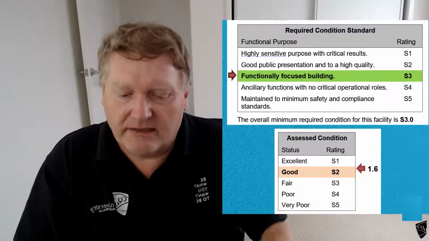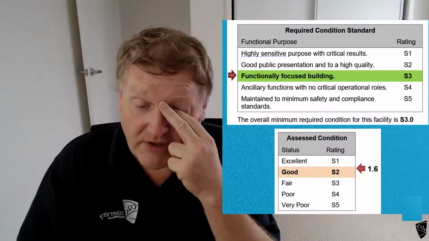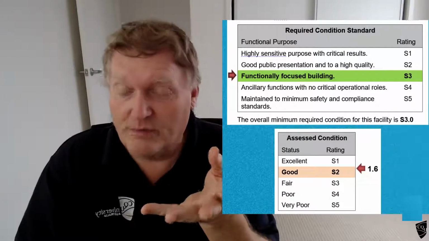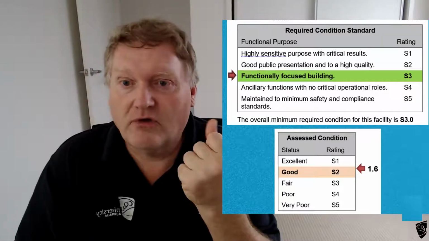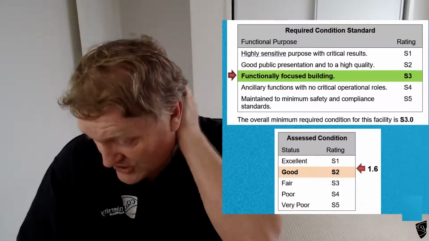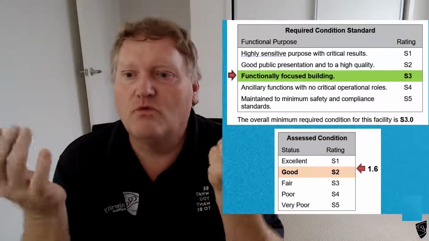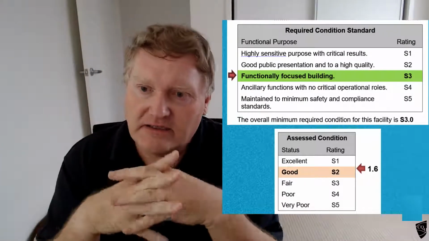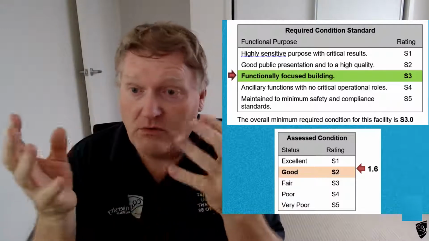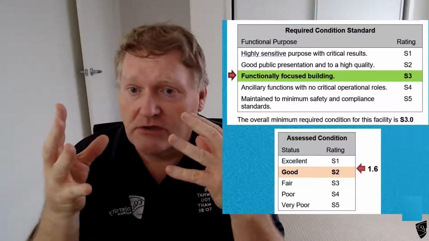So functionality, basically information, and this is aimed at all buildings, not just heritage buildings. You have to negotiate with your client as to what standard, what level of performance or functionality they expect out of the building, the asset, and it's going to change.